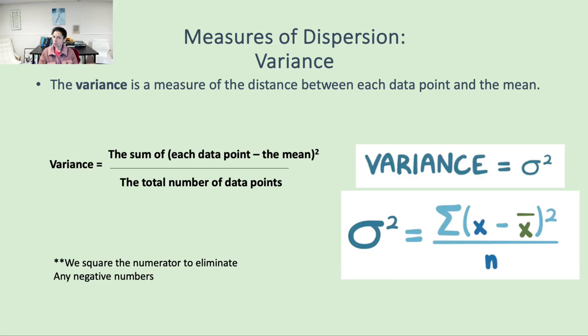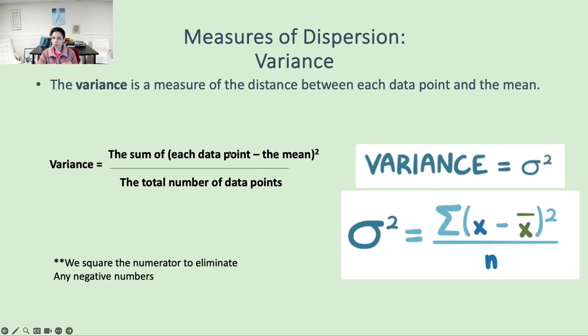So let's remind ourselves what variance was. Variance is a measure of distance between each data point and the mean. The way we calculate variance is we take each data point in our data set and subtract it from the mean.